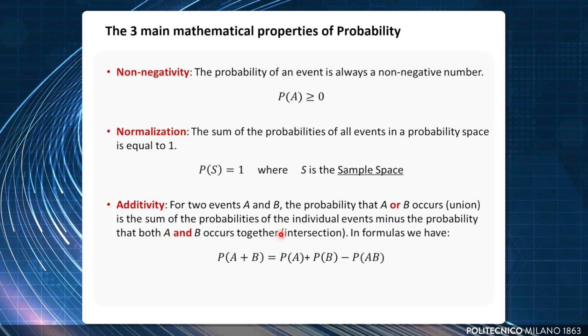That is the intersection, again in the set theory notation. So in formulas we have the probability of the union is the sum of the probabilities minus the intersection.